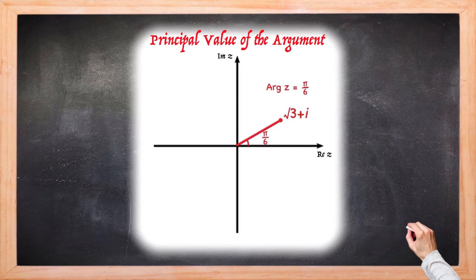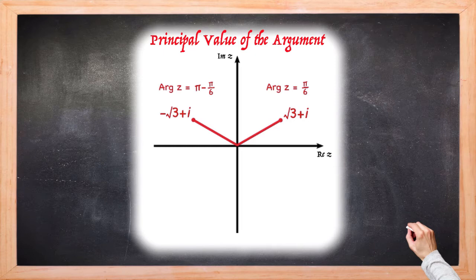Let's look at a related complex number, negative root 3 plus i, and to get hold of its argument, let's not just stop off at the point, let's go right the way to pi, and we can see we would have to subtract pi upon 6 to get that argument. So the principal argument of this complex number is pi minus pi upon 6.